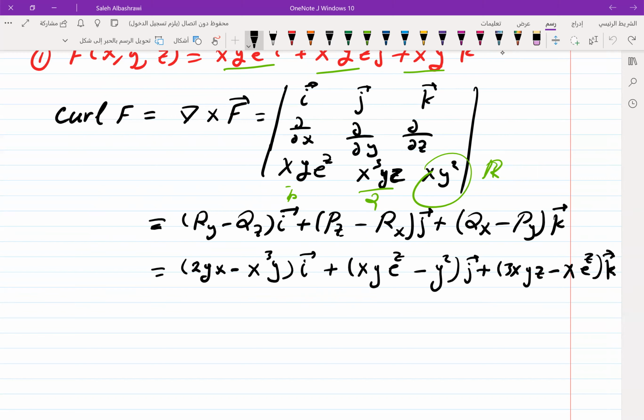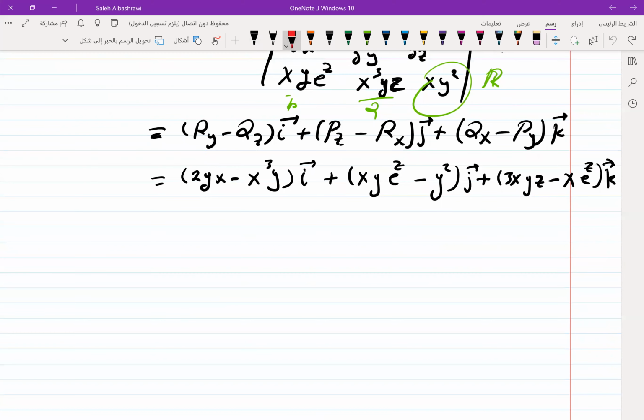Now we can find the curl of the given vector function. Let's take another one, number 2.